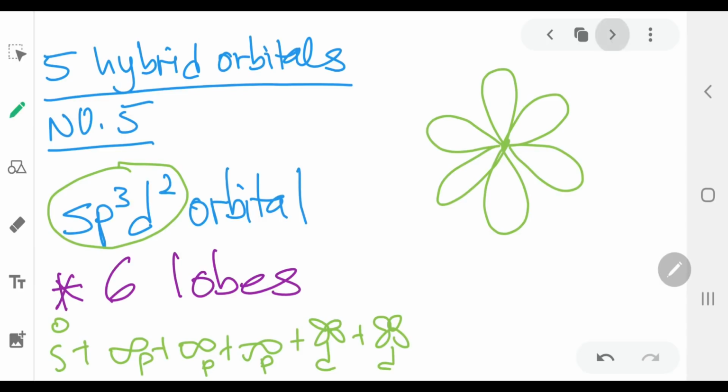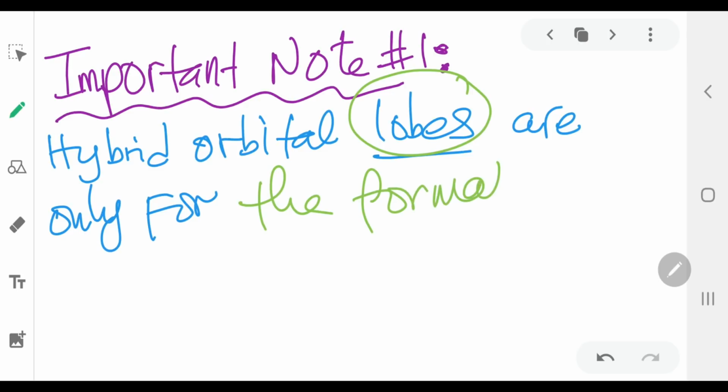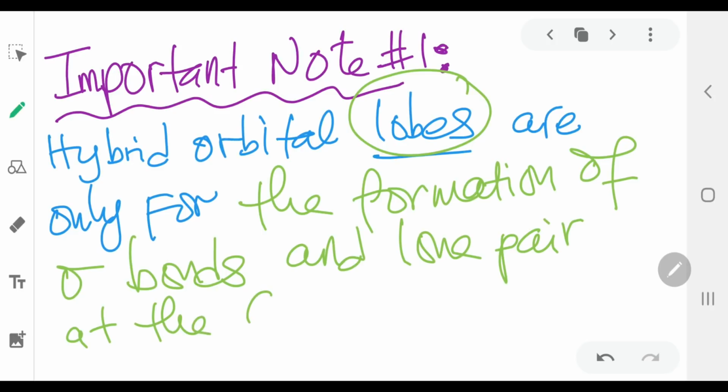Okay? So important notes number 1, hybrid orbital lobes. You need to remember this. The lobes are only for the formation of sigma bonds and lone pairs at the central atoms.